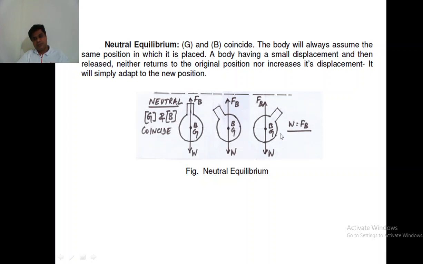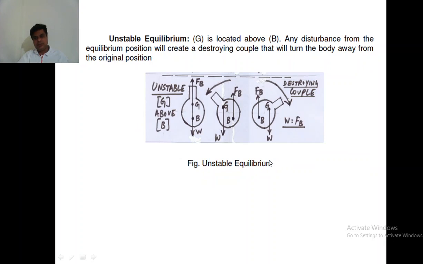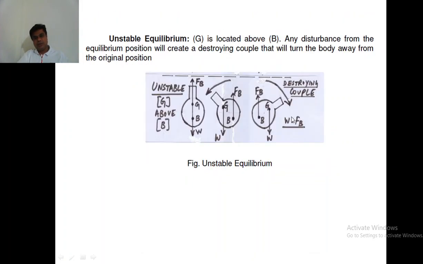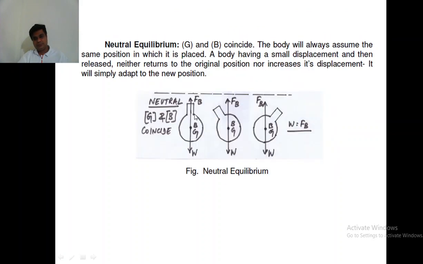This is possible when the weight of the object is equal to the buoyant force, and also they should be in the same line at the same point. In all the cases, you can see here, the weight of the object will be equal to the buoyant force, but they are in opposite directions. In neutral equilibrium, whenever you give a small displacement or twist, it simply adapts to the new position.